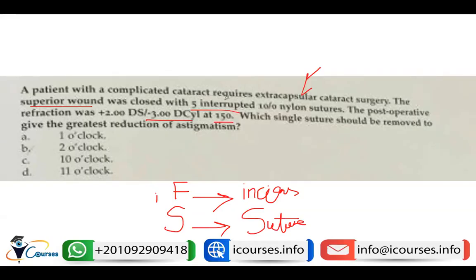So we need now to correct this -3 cylinder at 150 degrees. Which single suture will cause the greatest reduction of astigmatism? We have sutures at 1 o'clock, 2 o'clock, 10 o'clock and 11 o'clock. Yes, your answer is right, it is 2 o'clock.